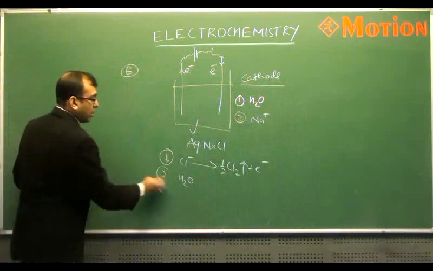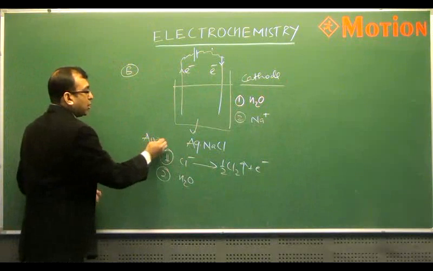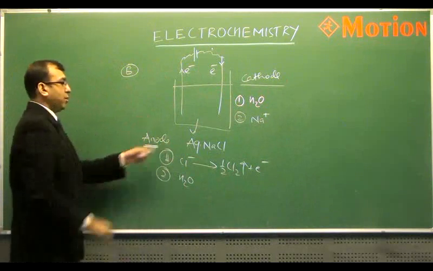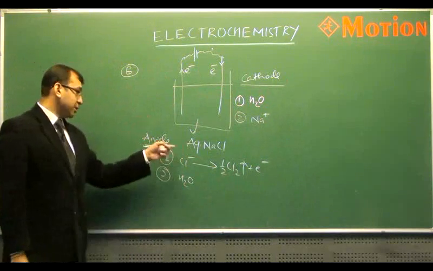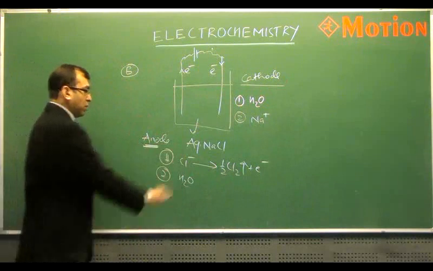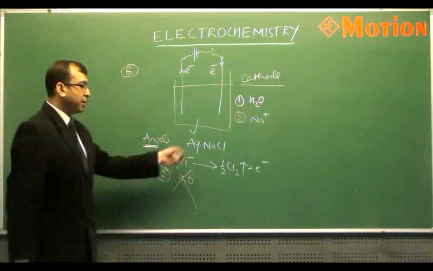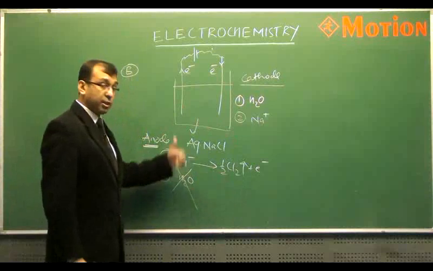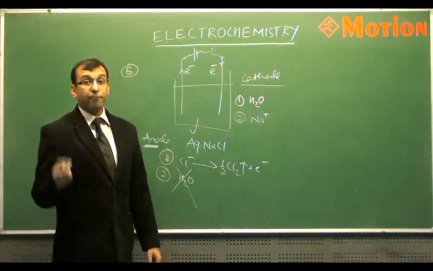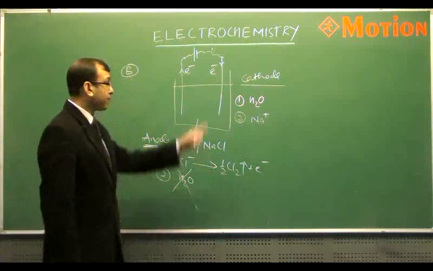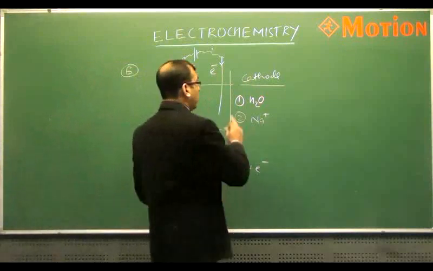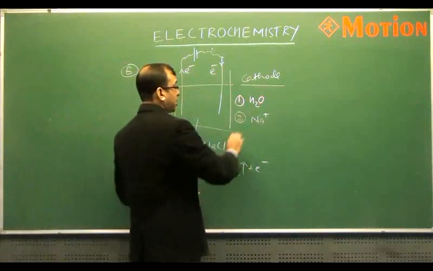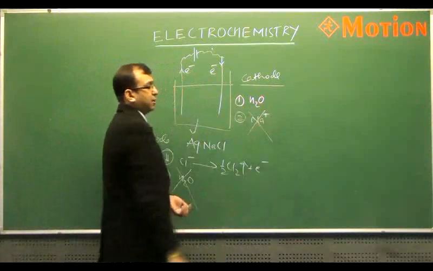In the anode section, there were two serious contestants for releasing electrons. Water was a failure, Cl minus will release the electron. Water is below Cl minus in oxidation in the preferential discharge table. Now at the cathode, water is eligible for reduction ahead of Na plus.